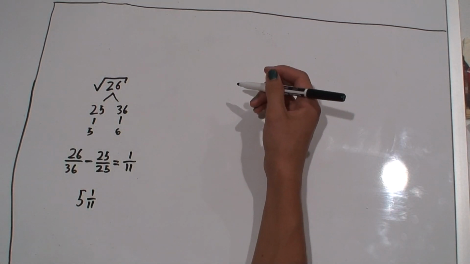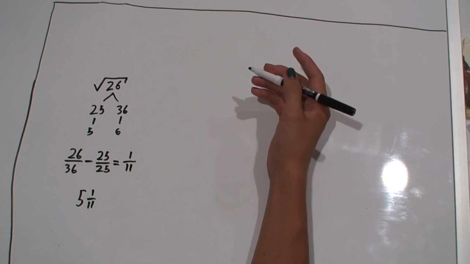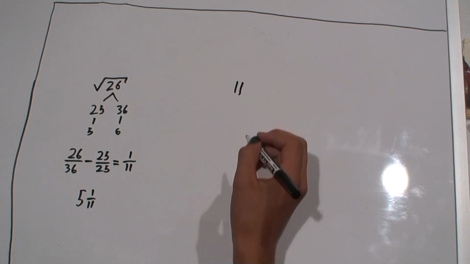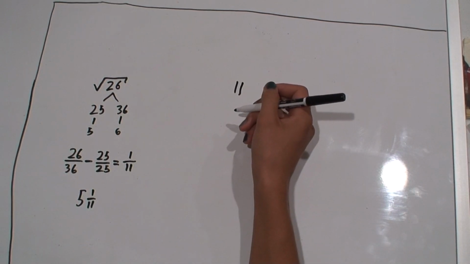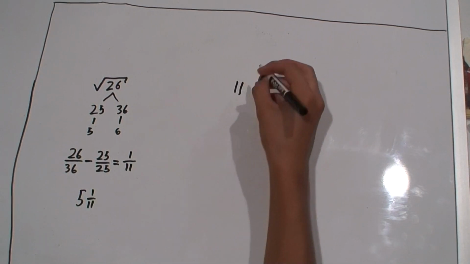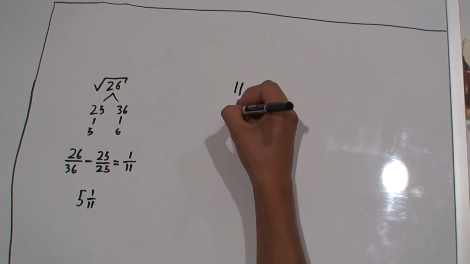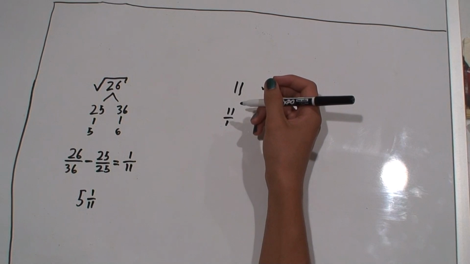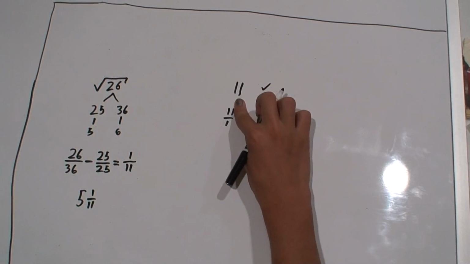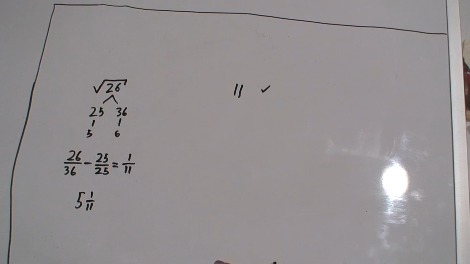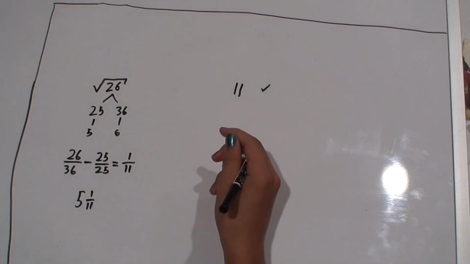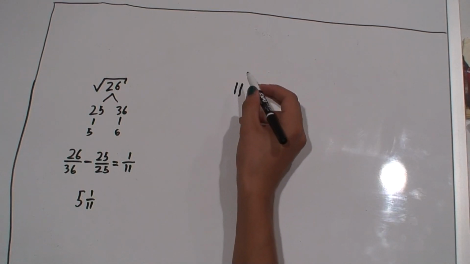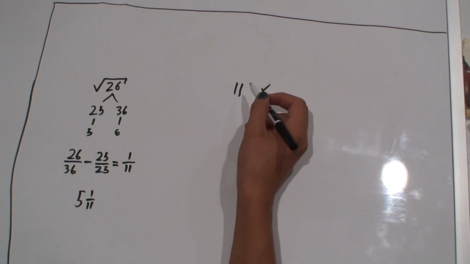Now, the next part of the test was naming which sets of numbers different things belong to. 11. Is it a rational number? That is where we would start off. Yes, it is rational. It can be represented as 11 over 1, which is a fraction. Although, then we go into more steps. Is it a singular number with no decimals or fractions?